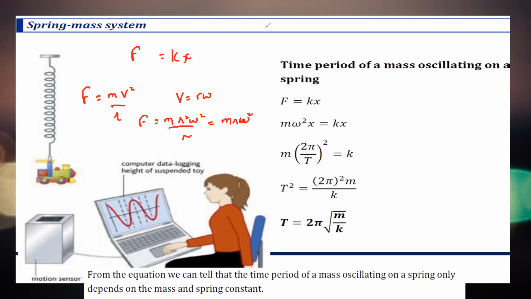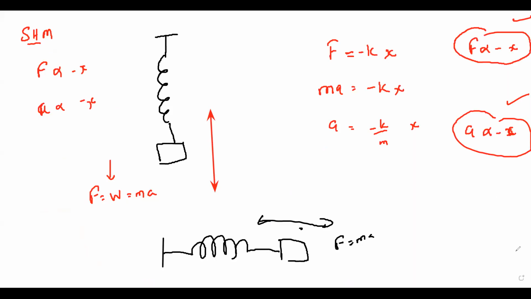So it's like relating the vibratory motion with a circular motion. According to circular motion, the force is given by m r omega square. So we have the formula F is equal to kx, that is when a mass which is attached to a spring is performing a simple harmonic motion, and if an identical object is moving with the same time period, but instead of vibrating, it is moving in a circular path.